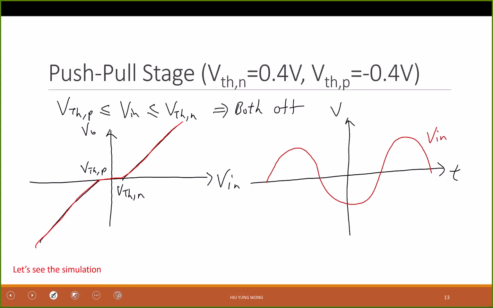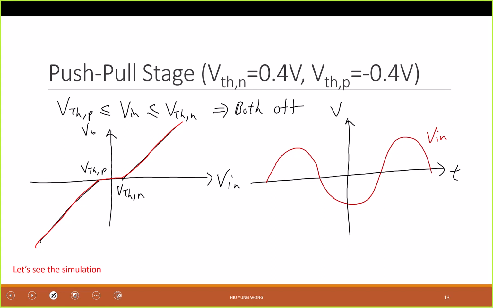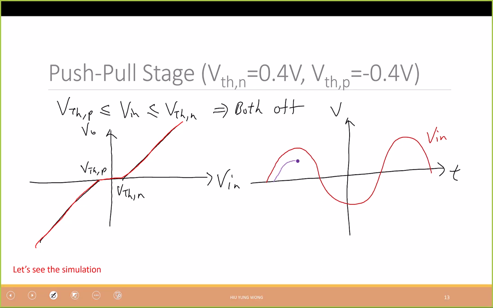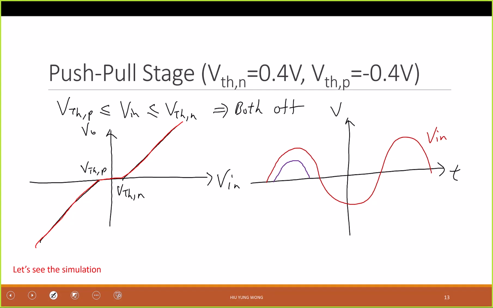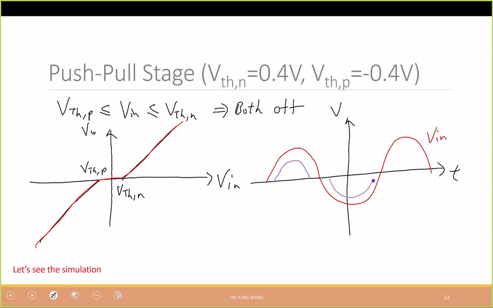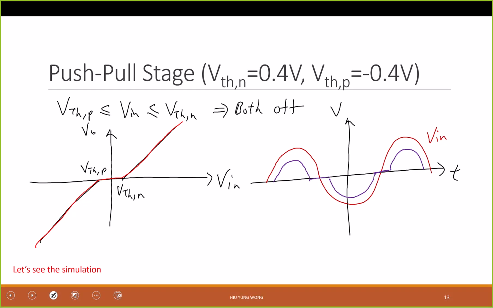You will get this. Everything will shift down by VTHN. Here, everything shifts up by VTHP. And then you have distortion in this region. This is V out. Okay. My drawing is ugly.